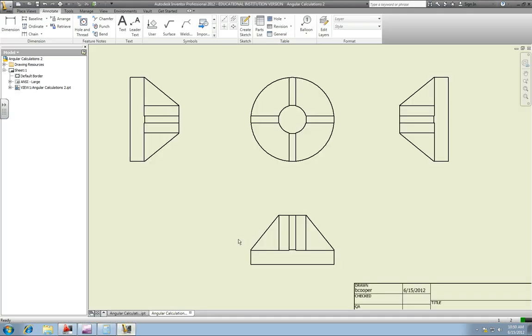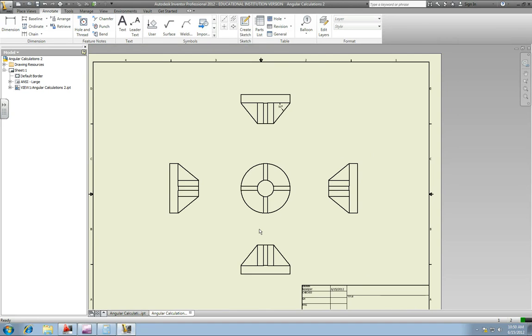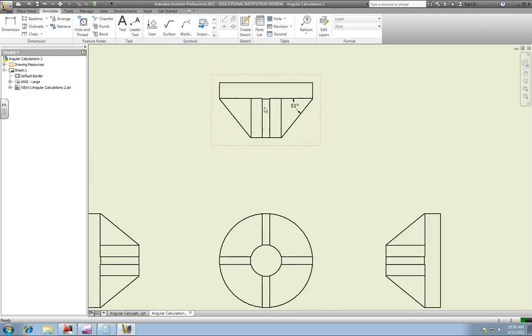Also, when you're trying to find different dimensions, remember there's 180 degrees in a triangle. One of the angles that you have to get is the angle between this line and this line. Well, if you extend this line to this line where they meet here, what you've done is you've made a triangle. In this particular case, I know this angle's 51, and I already explained it.